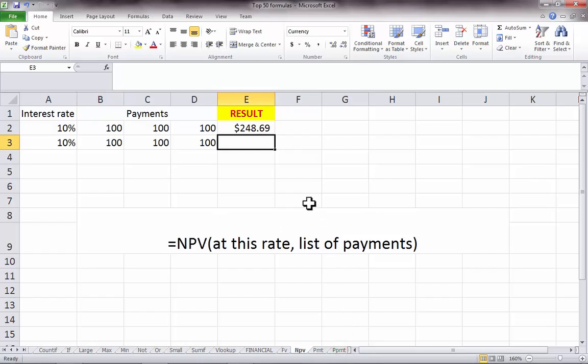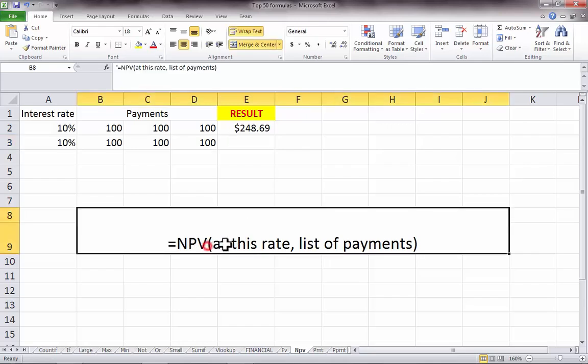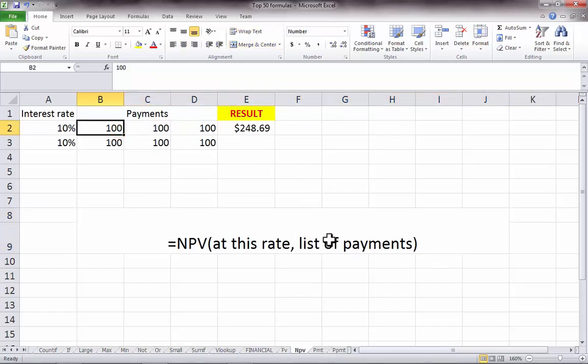Next is NPV. NPV stands for net present value. So for NPV, place the rate, let's say the interest rate, and a list of payments. The list of payments would tell you that I'm making payments like 100 on year 1, and then 100 on year 2, and then 100 on year 3.